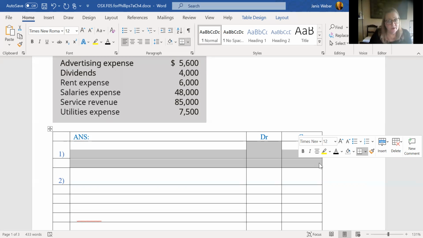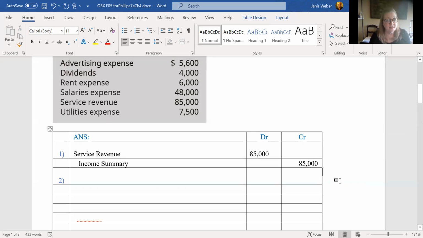So the only way to bring a credit balance account to 0 is to debit that account. So we are going to debit service revenue and credit this super temporary account called income summary. It's also called a closing account. We're going to credit it for 85,000. So if we had 4 revenue accounts, we'd list every one of them right here individually, and then the total would be posted as a credit to income summary.